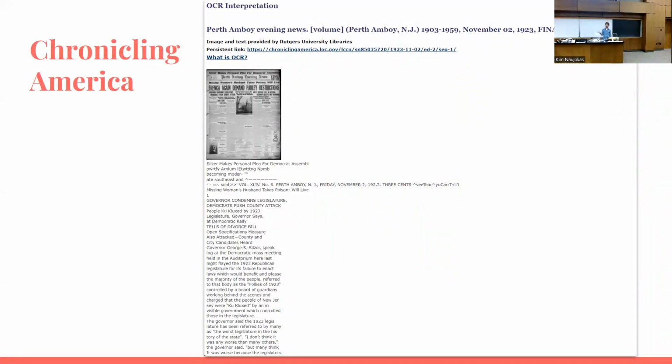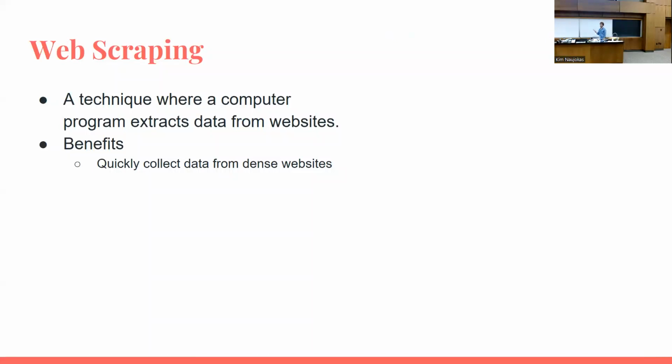But once we get to this point, we realize that we need to start thinking about how exactly we're going to take all this data and use it for our research, because we're not just going to go through by hand and download 5.5 million pages of data. Instead, we're going to build a computer script that crawls through the Library of Congress's website and downloads our data for us. And such a computer program is called a web scraper, or web scraping, which is the technique where a computer program extracts data from a website.